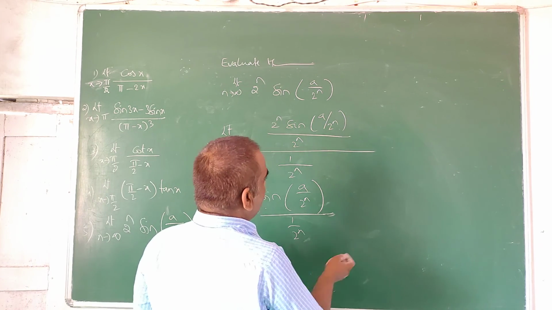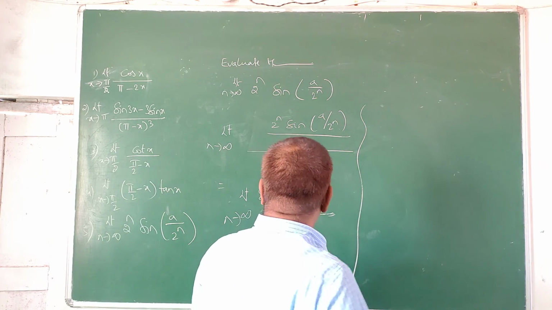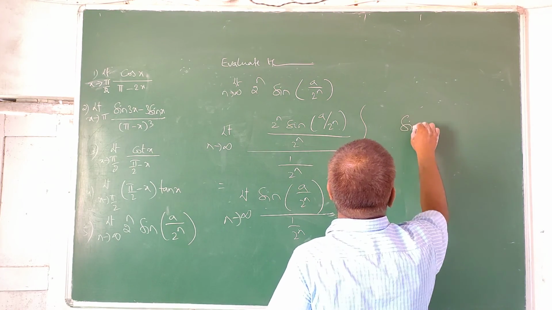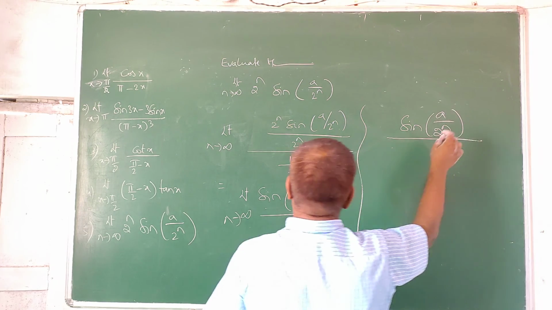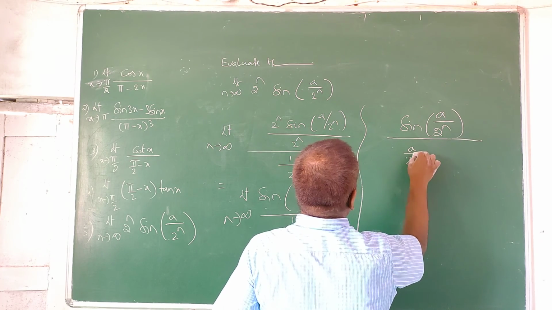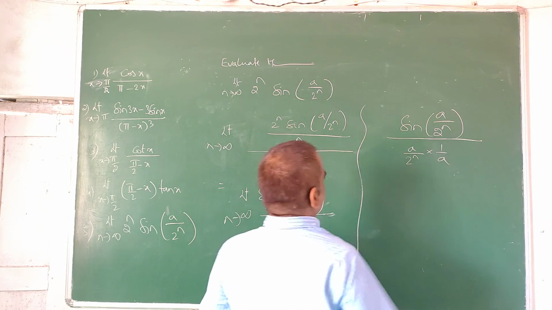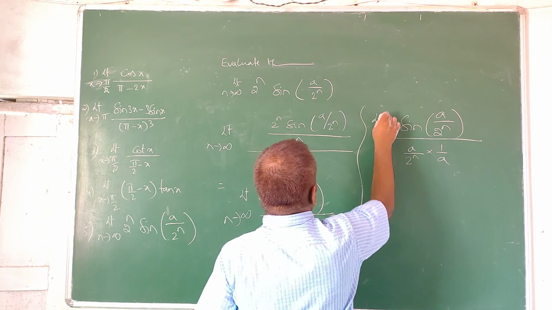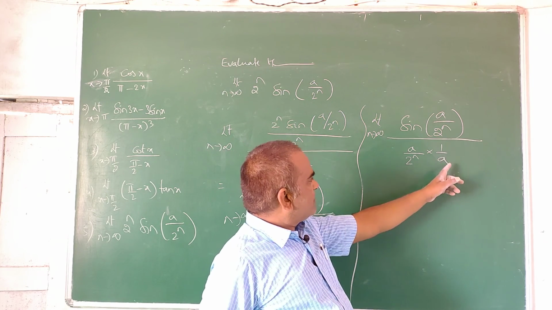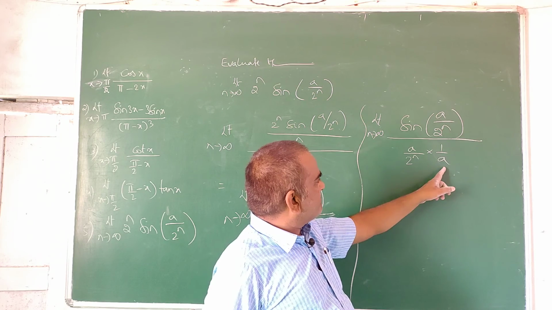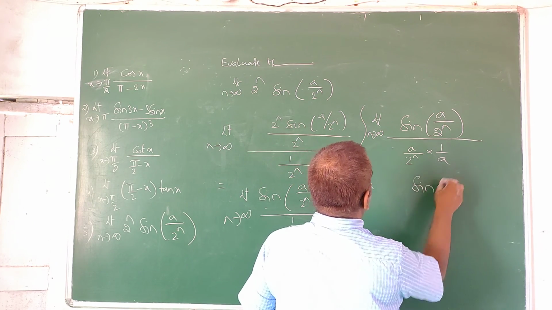So here you multiply and divide by a now. Are you following? So sine a by 2 power n divided by a by 2 power n, into 1 by a, limit n tends to infinity. This 1 by a, that is a, comes out.